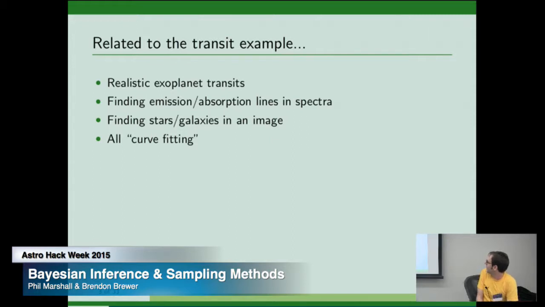Even the task of finding stars and galaxies in an image and trying to locate where the stars are is a curve fitting problem as well. It's just that the image is your curve, a two-dimensional version of a curve. So there are lots of problems that look like this. It's a good kind of archetype to work with.